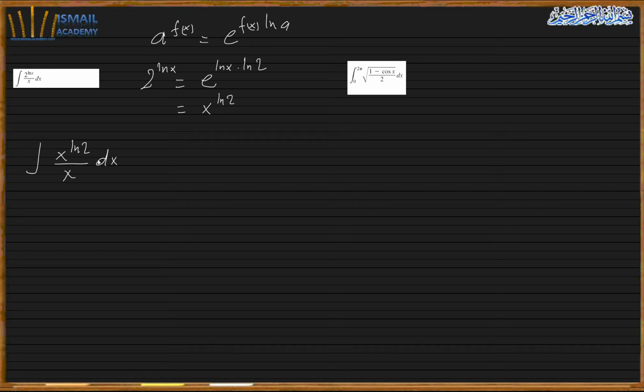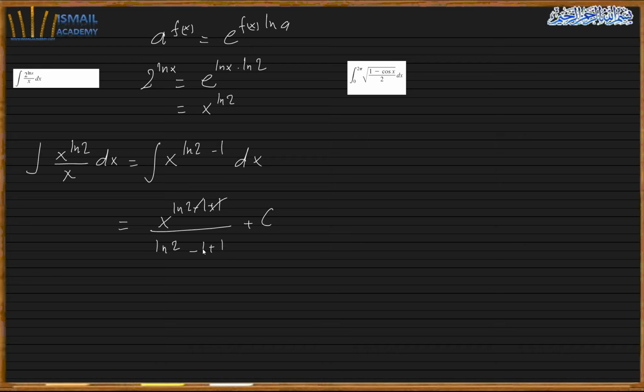So same base, subtract the power of the denominator from the exponent. It's going to be x to the ln of 2 minus 1 dx. To integrate, I just need to add 1 to the exponent and divide by the exponent plus 1. So it's going to be x to the ln of 2 minus 1 plus 1, over ln of 2 minus 1 plus 1, plus c.